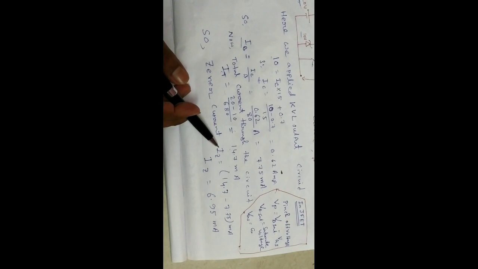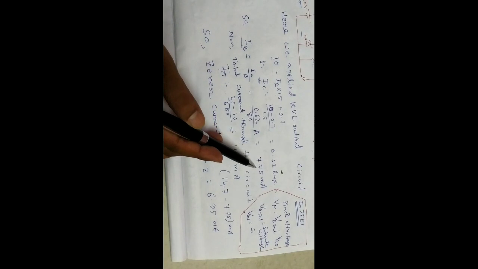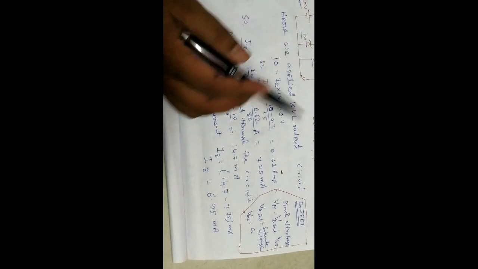So the Zener current, as we discussed in the previous class, IZ is equal to total current minus base current. Total current is 14.7 milliampere and base current we calculated 7.75. So we easily find IZ equal to 6.95 milliampere. This is a very important problem.